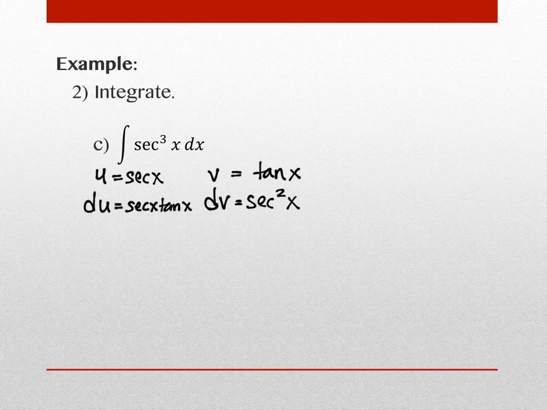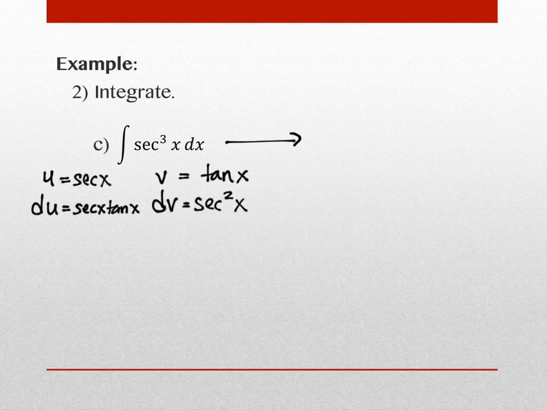Integration by parts is all about determining which pieces go where. And then once the pieces go there, we're actually able to rewrite our problem by doing u times v. That's the first step. So I'm going to have secant x tangent x and minus, and then I do the integral along the other diagonal that I didn't put things in along.